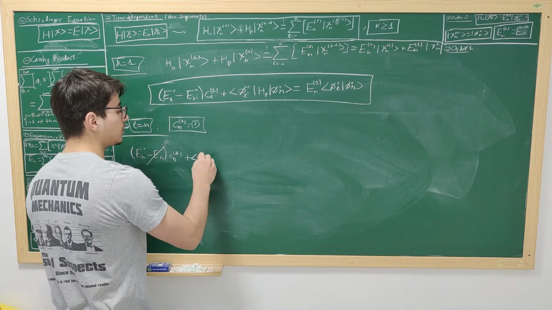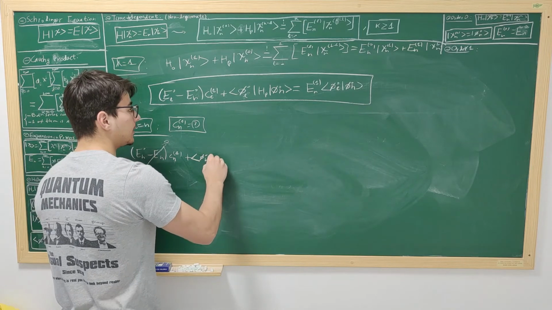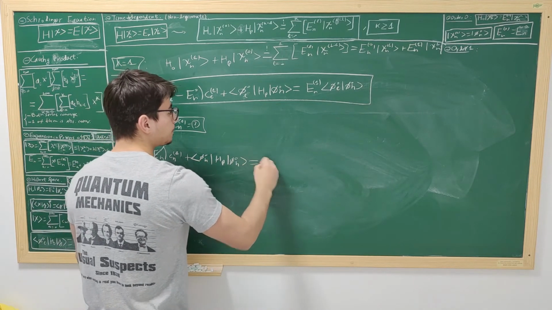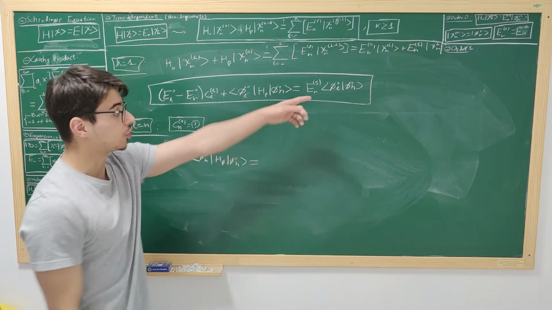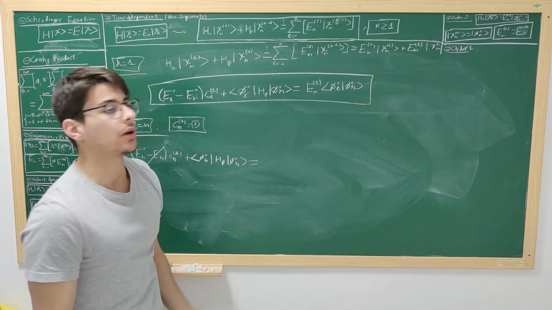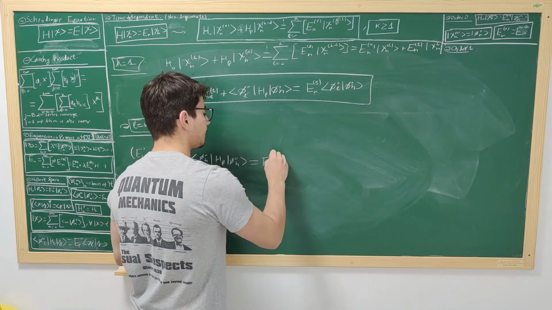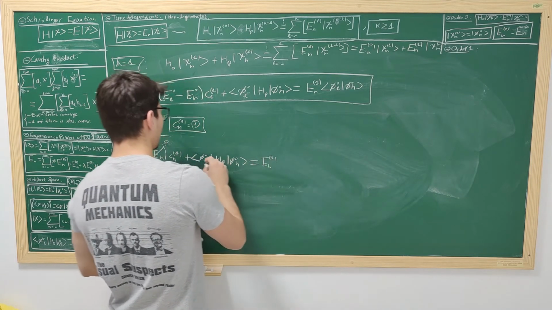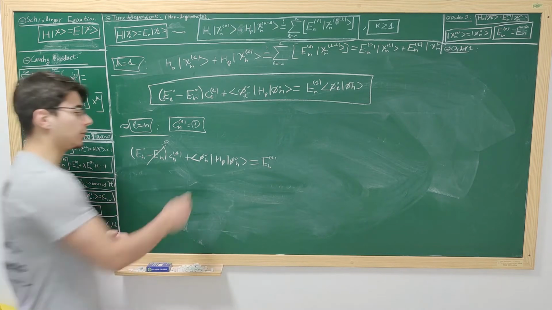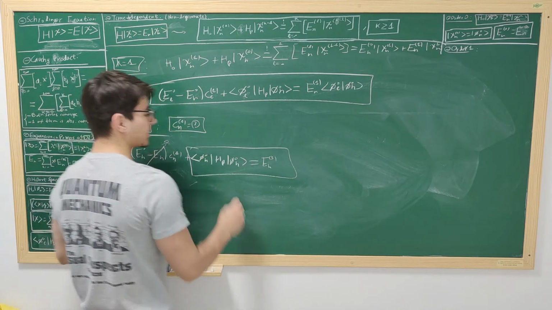Now, here we just take this inner product, phi n with H' and phi n, and because this is the inner product of n with n, it just becomes 1, so we get this. So we have determined our first order correction to the energy. It is just this expression.